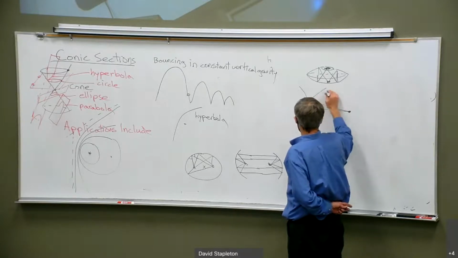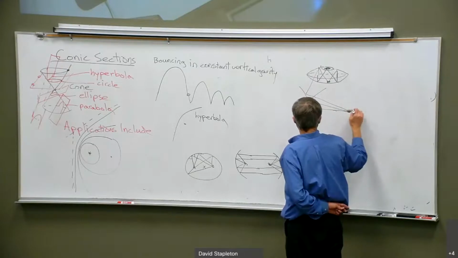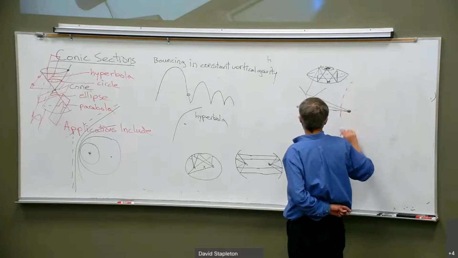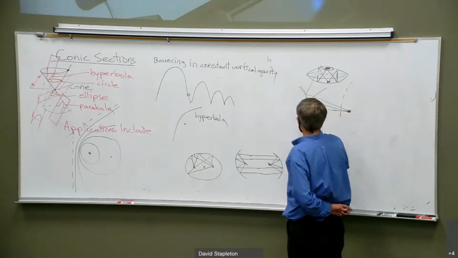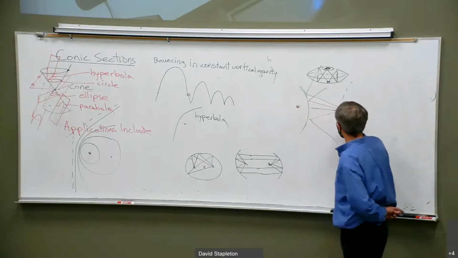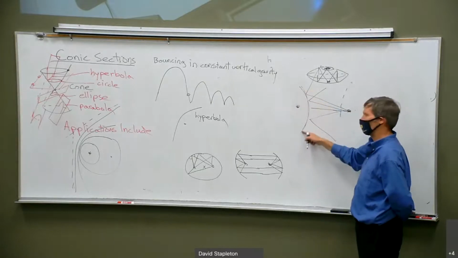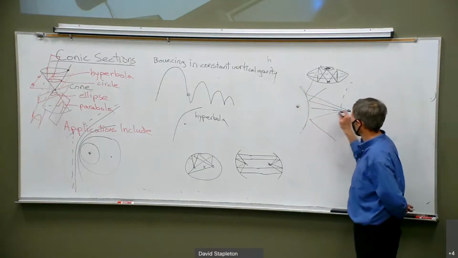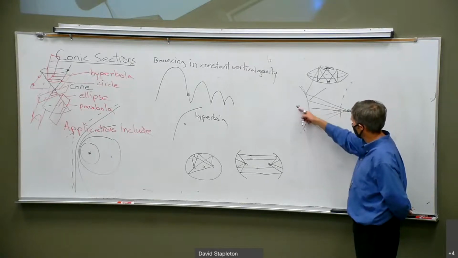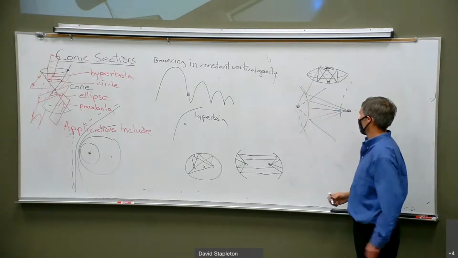Over here, it bounces out like that. Over here, it bounces out like that. An object at the one focus of the hyperbola, forget this branch, bounces off this mirrored surface and reflects as though the light was actually coming from this point. So you can put something here and make it look like it's sitting there, but actually you're just looking at the mirror. The light just bounces off, but as though it came from here, right? And so you can do that with hyperbolas.